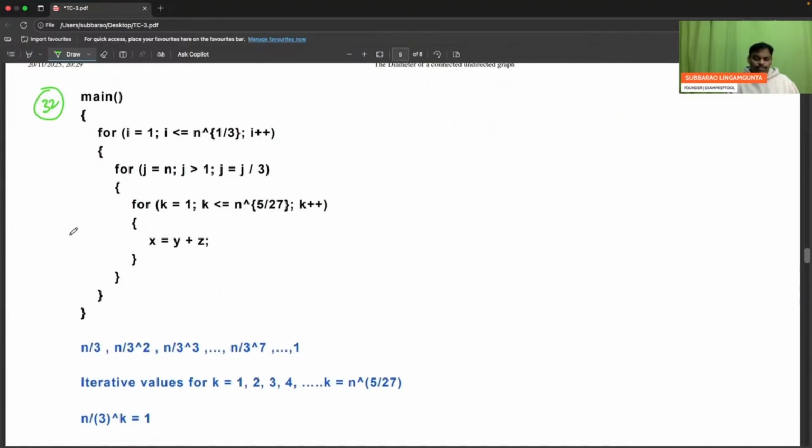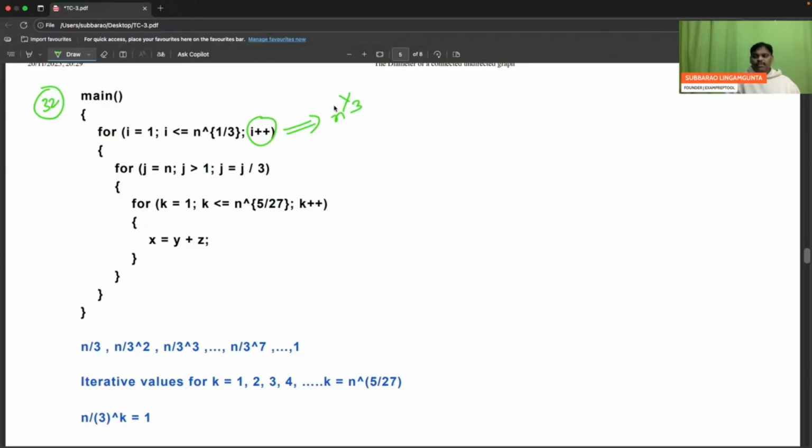See that 32. Remember, it is also inner loops. Inner loops means you have to multiply. Careful everyone. Observe properly, i is always incremented by 1. If i is incremented by 1, then if it is n, it means n times. So whatever is there, n power 1 by 3, keep it.